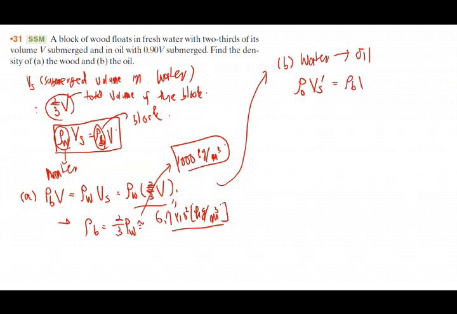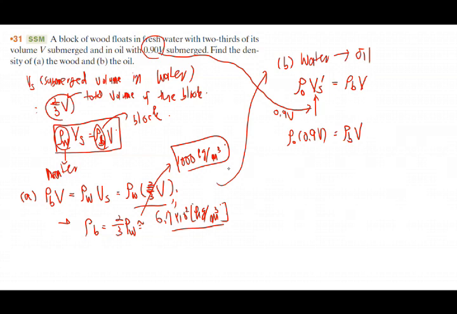So rho B times V. Now you replace this Vs, that is 0.9 V, 90% of the total volume. So Vs should be 0.9 V. Replace that, then rho oil times 0.9 V equals rho B times V.